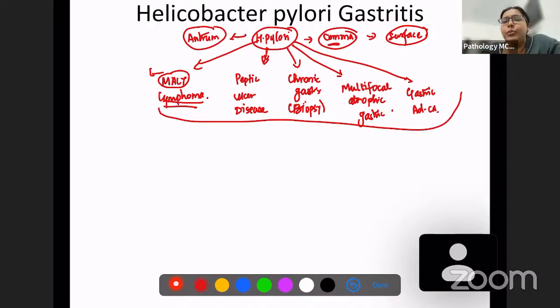Now, we know that the pH in the stomach is extremely low. It can go down to 1 because of the presence of high HCl. You must have read in microbiology that most bacteria are not going to survive in such a low, acidic pH.